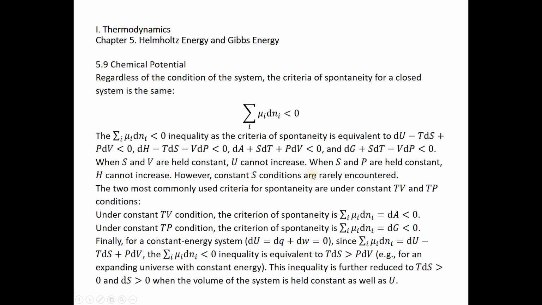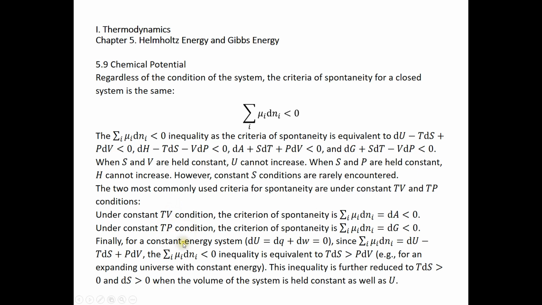That's why we often look at A and G as the criteria of spontaneity. On a constant TV condition, we know dA must be less than 0. On a constant TP condition, we know dG must be less than 0. And therefore, we have a unified expression here. The sum of mu_i dN_i must be negative, on a constant TV condition and on a constant TP condition.